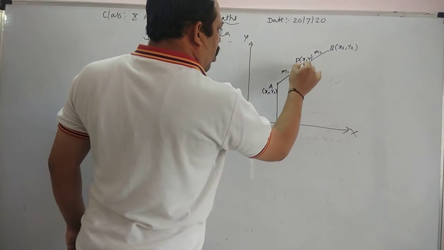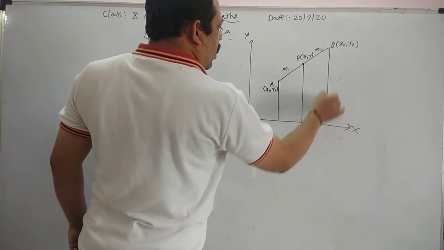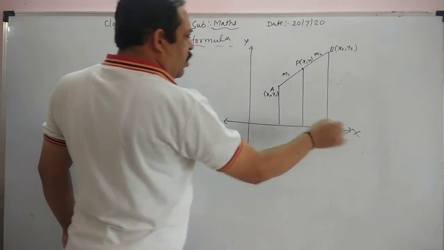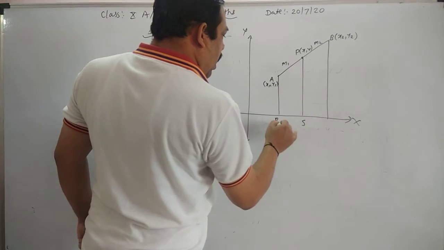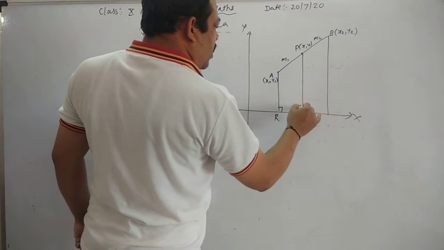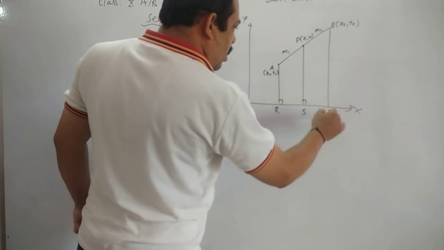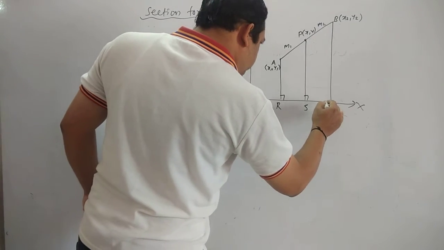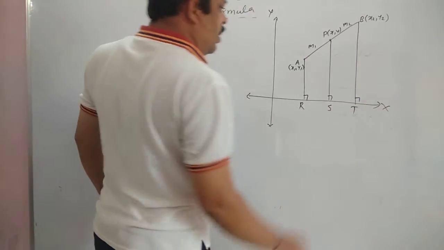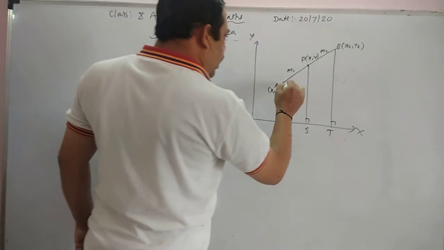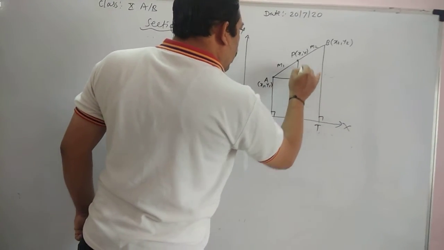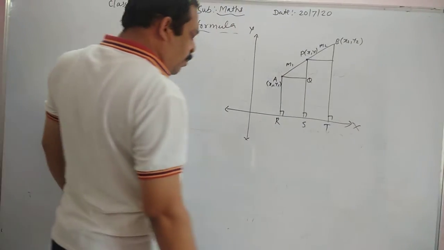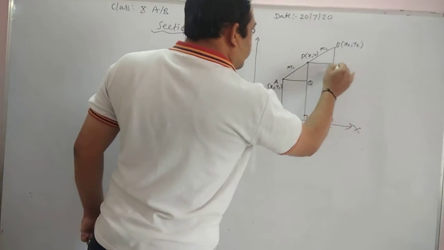From points A, P, B we draw perpendiculars on the x-axis. Similarly, BT is perpendicular on the x-axis. Now from point A we draw one parallel line, that is AQ, and another parallel line from point P, that is PC.